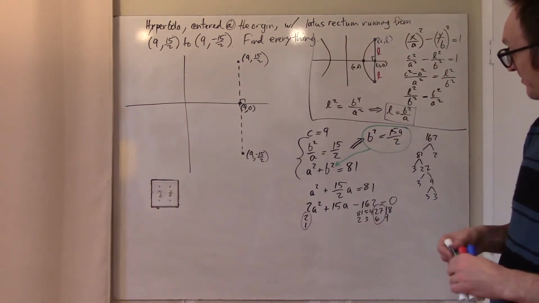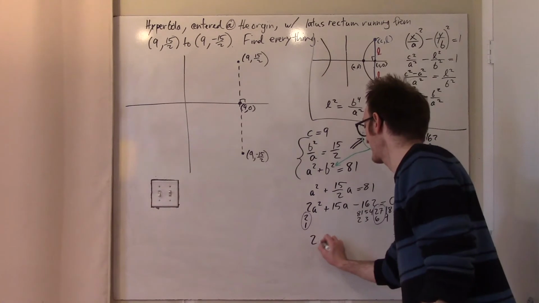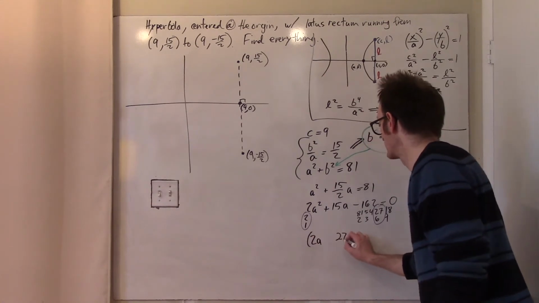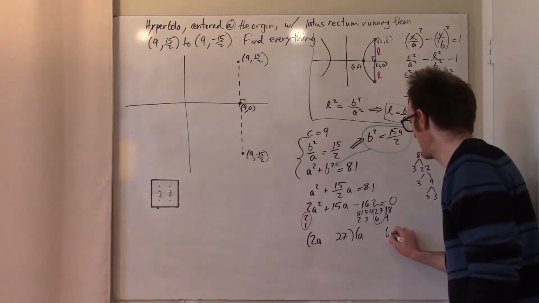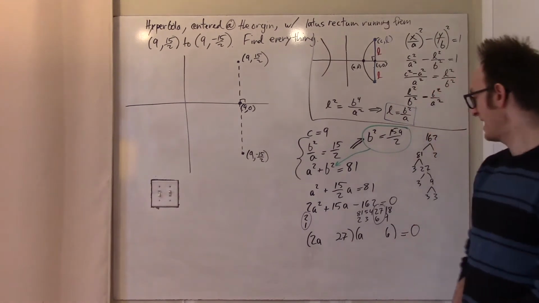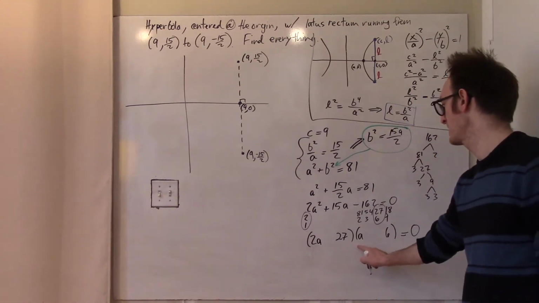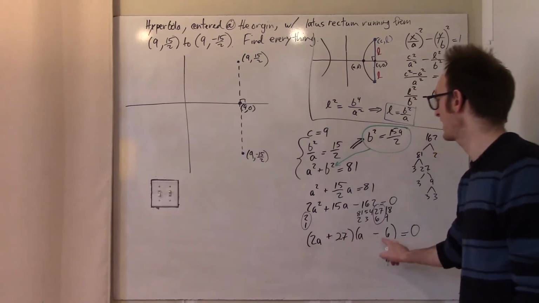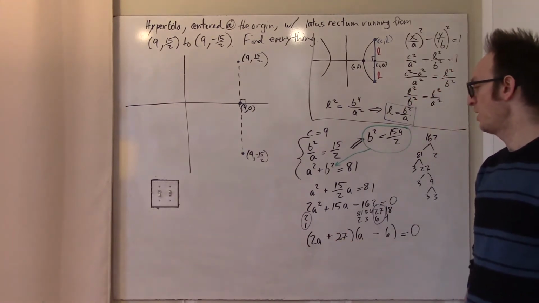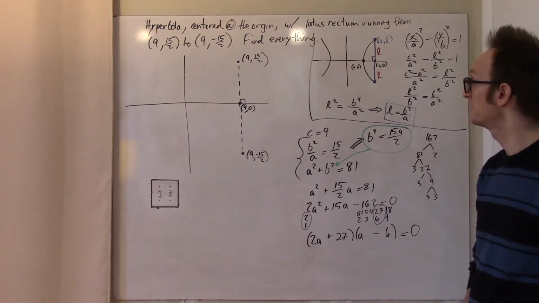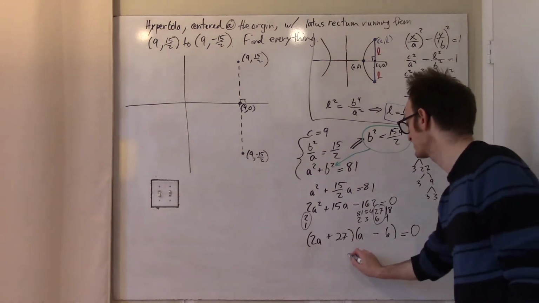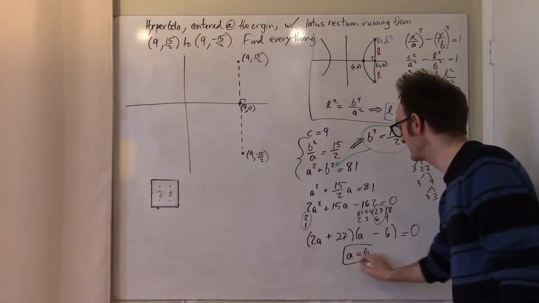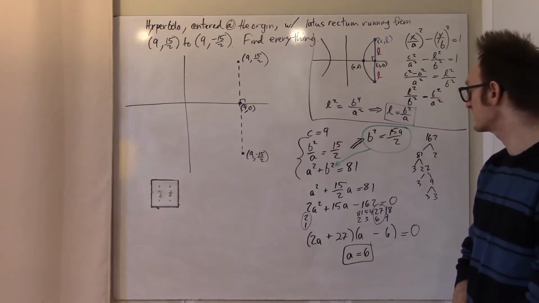But the bottom line is, this factors as (2A + 27)(A - 6). And what do I get? 2A squared minus 12A plus 27A minus 162. Okay, since A has to be positive, this tells me that A is 6, and now I'm on my way to being done with this problem.